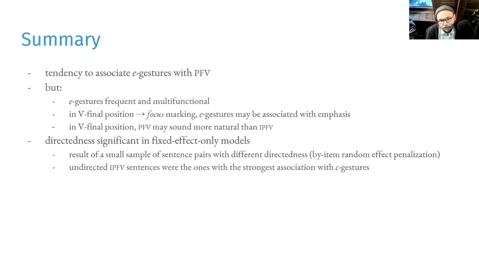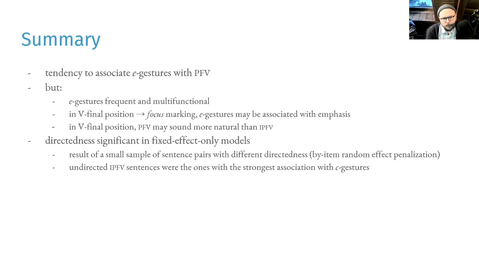Directedness was a significant predictor, but only in the fixed effects only model, which proved to be less accurate than the mixed effect model. So the lack of significance is quite clearly a result of a small sample of sentences with different directedness.